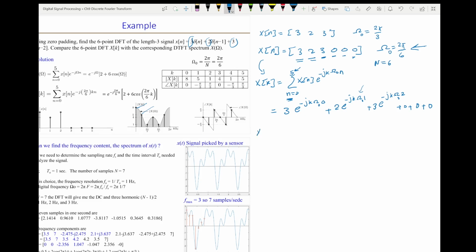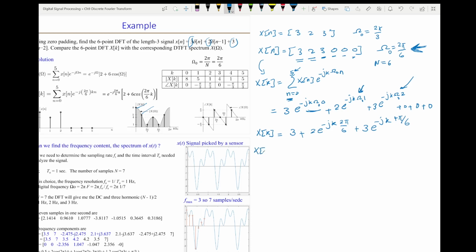So x of k will be, e to the power of 0 is 1, so that will be 3 plus, plug in for omega this value. Again, this omega, 2 pi over 6 times 2, will be 4 pi over 6. Now, if I want to find the DC, I plug in k equals 0.